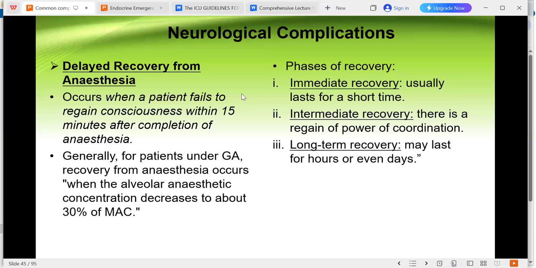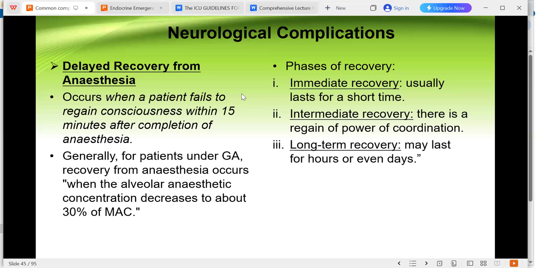Normally, patients under general anesthesia should recover when the alveolar anesthetic concentration decreases to about 30% of the minimum alveolar concentration of your inhalational agent. So when a patient fails to recover 15 minutes after switching off your inhalational agent and reversing residual muscle paralysis, I would say this patient has delayed recovery.